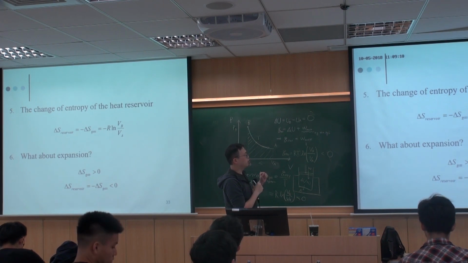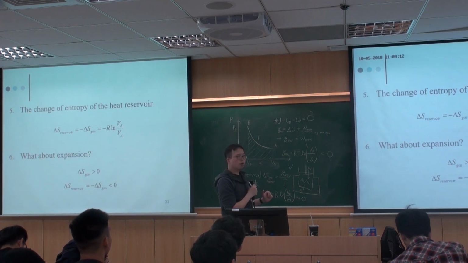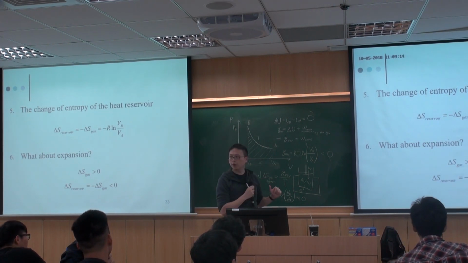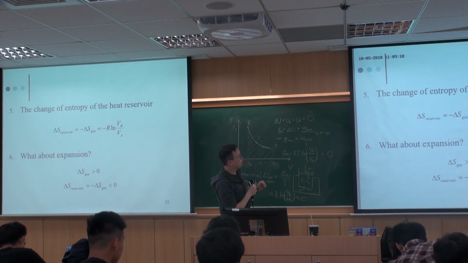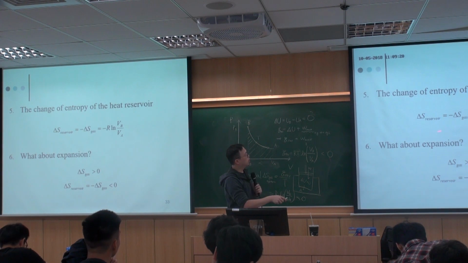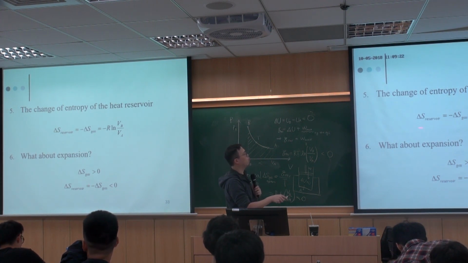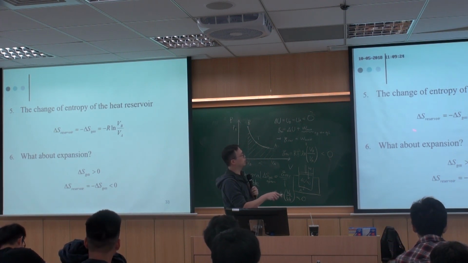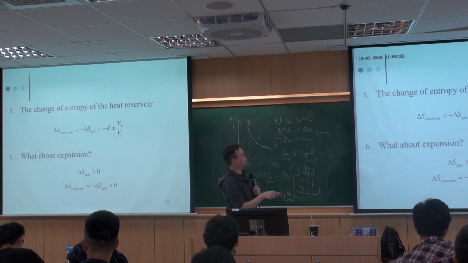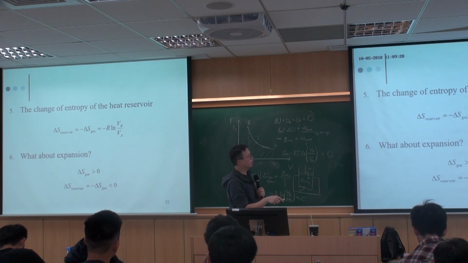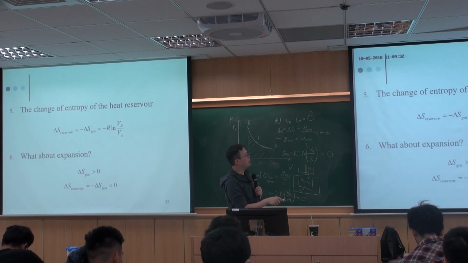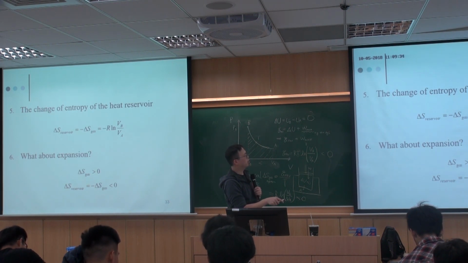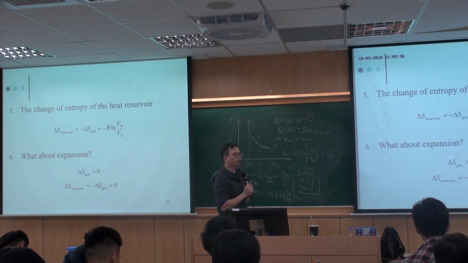And if you add these two together, this will be 0, because we know that for a reversible process, the total delta S should be 0. So please bear in mind that sometimes we want to know the change of entropy for the reservoir. And this is a number that is greater than 0, right? Because this is negative, and you have a negative sign. So this is actually greater than 0.